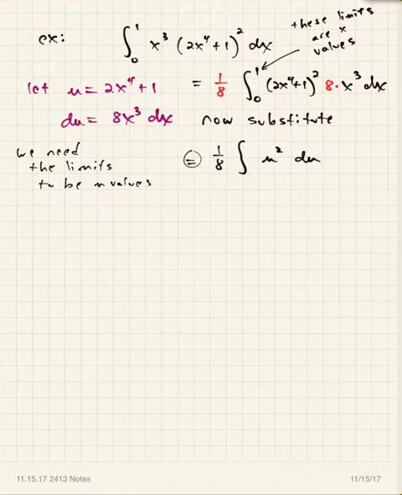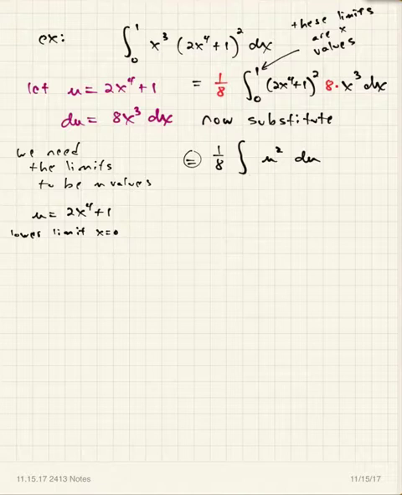and how am I going to get u values there? Well, remember what you've got in the substitution. You know that u is equal to 2x to the fourth plus 1. So on the lower limit for our integral, x is 0, and so you just put 0 in there for x. And so you get u is 2 times 0 to the fourth plus 1.